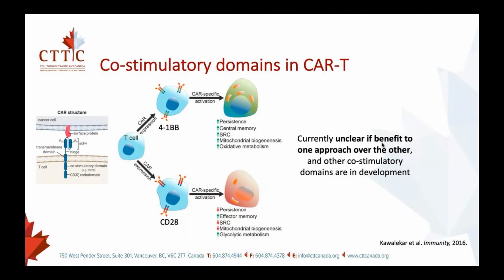So you tend to get expansion earlier on with a CD28 product compared to a 4-1BB product, and also there's potentially higher rates of toxicity with CD28 targets. But it's really unclear if one approach is better than the other because there are no head-to-head trials. And the other thing to know is that there are further co-stimulatory domains under development or different combinations. What we would call a third generation CAR T cell would include 2 co-stimulatory domains, for example. So the field is moving quite rapidly in this realm.